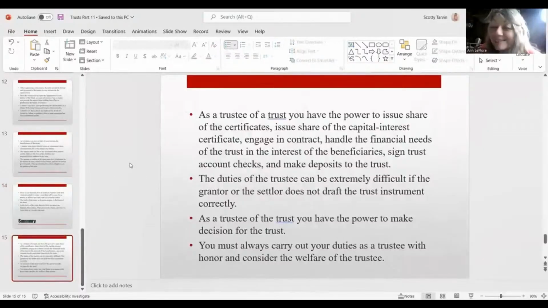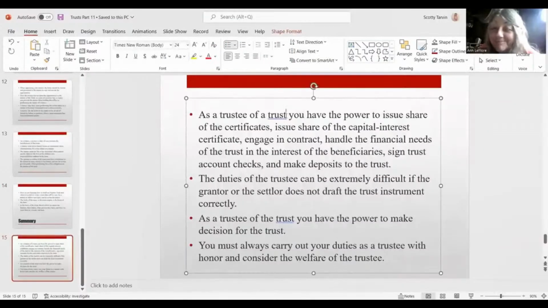Panel 15. As a trustee of a trust, you have the power to issue share certificates, issue share of the capital interest certificate, engage in contracts, handle the financial needs of the trust in the interest of the beneficiaries, sign trust account checks, and make deposits to the trust.